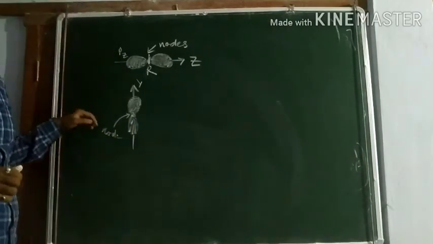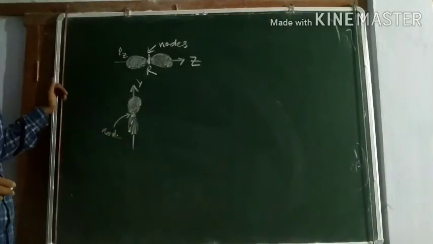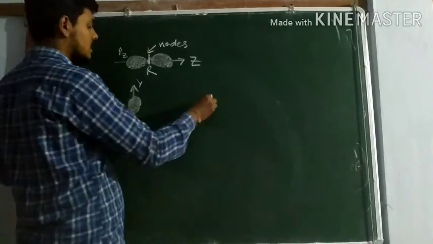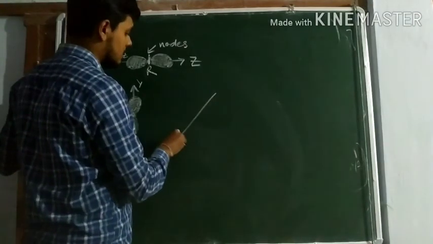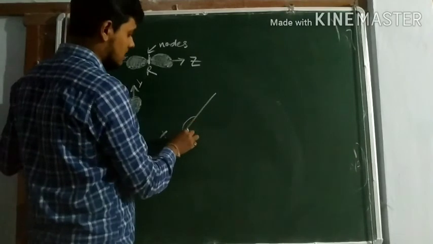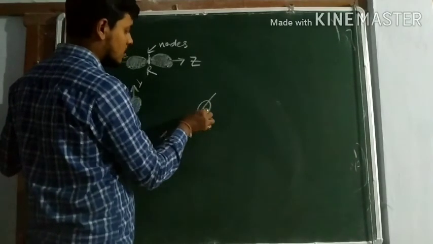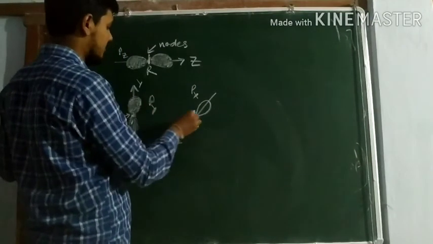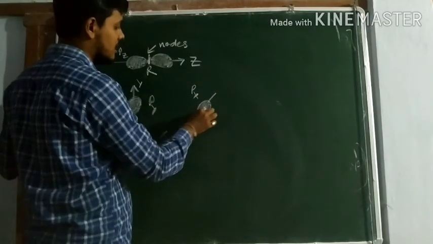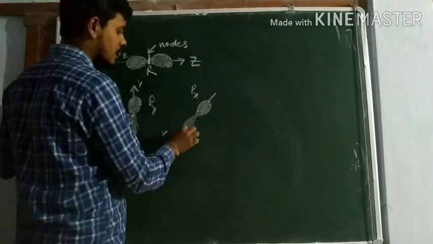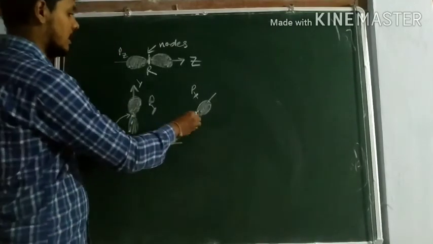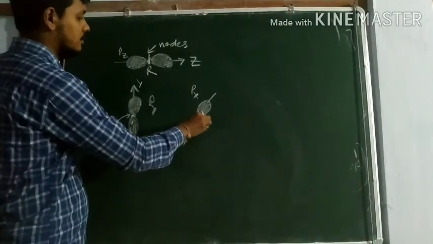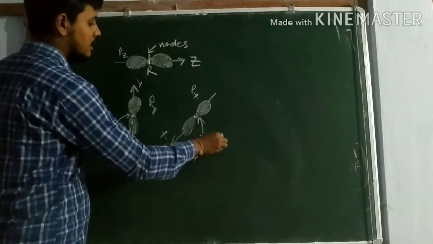Now, if I see the x-axis, the px orbital will be around the x-axis, and the probability of getting electrons will be along the x-axis, and again there is a node here.